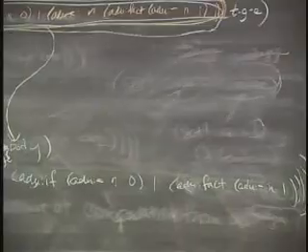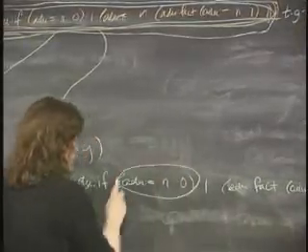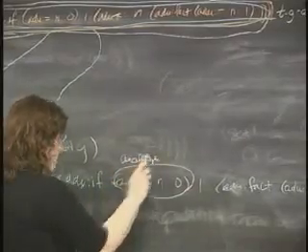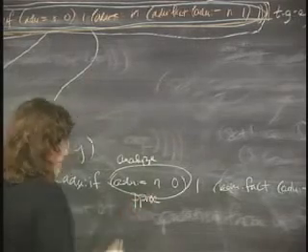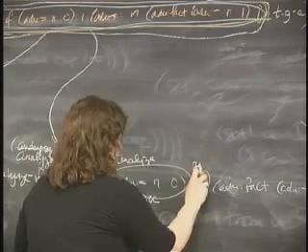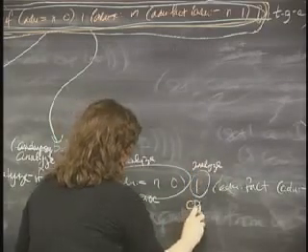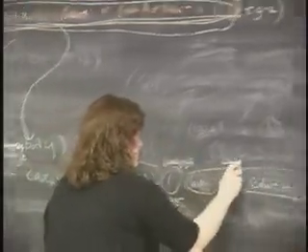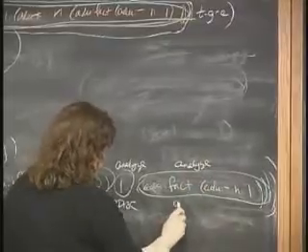Okay, so when we come into if, there's three things that we need to do. We're going to analyze this. And when we analyze that, that's going to be the predicate proc. This here will be analyzed, and it's going to be the consequent proc. And this here will be analyzed, and it's going to be the alternative proc.